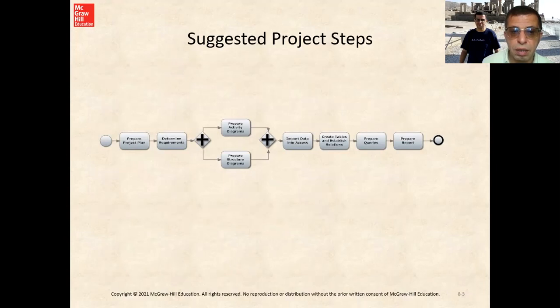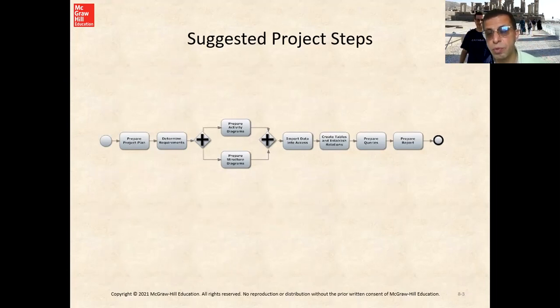Now, we already know the operation and the suggested project steps. First, prepare a project plan and determine the requirements, which is part of project management. Then prepare activity diagrams as we saw, and prepare a structure diagram showing how things flow.